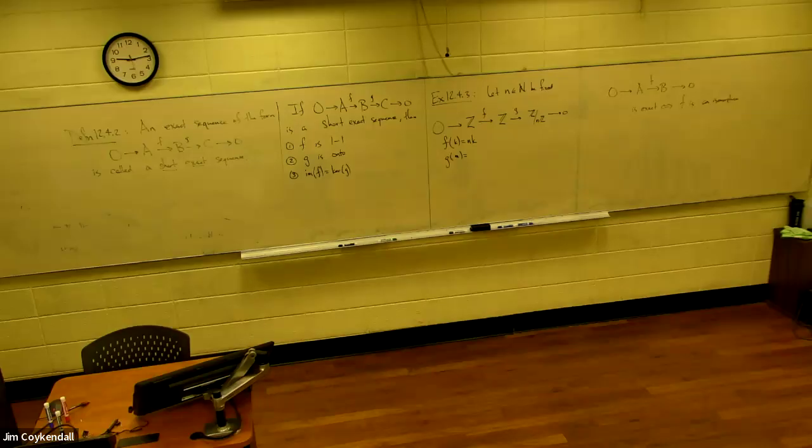Z to Z, I'm just going to do multiplication by this fixed n. So any input k, your output is nk. To make this exact, can anybody tell me what the map G has to do? My input is some integer m. What do I do to make this go to Z mod nZ?